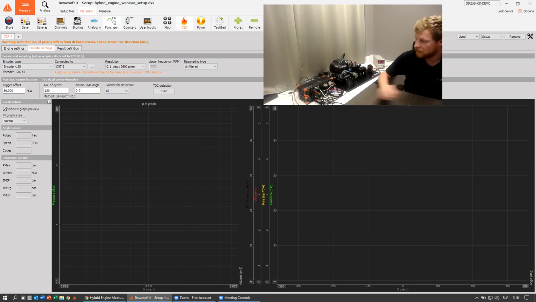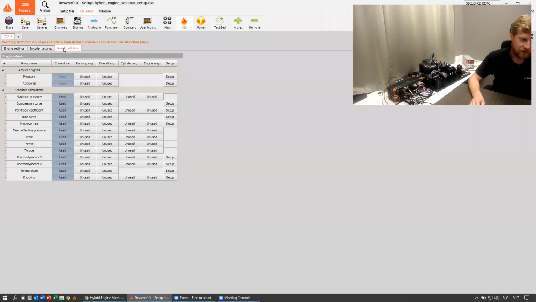So when we go to measurement, then all the slices are perfectly synchronized. For the TDC detection, we need to make sure that they are on the same slice. We can also move them just for this measurement and then move the inputs. So at the end, we just need to enable the outputs that we want to see, and our combustion analysis measurement is ready.